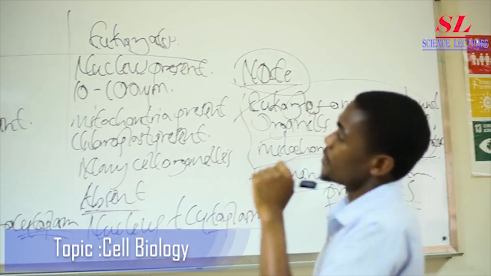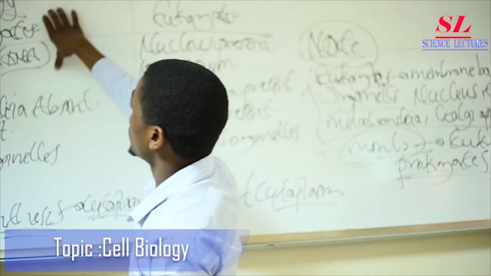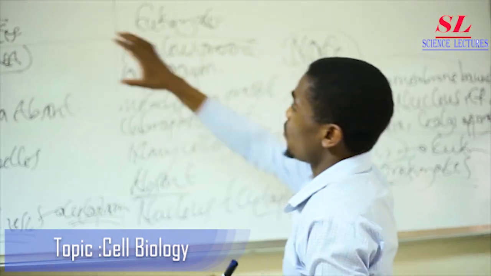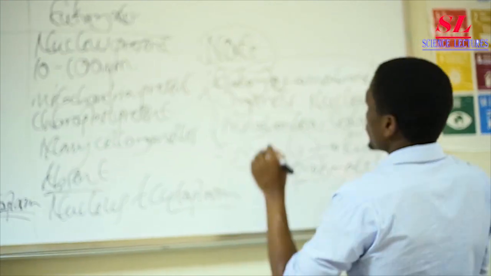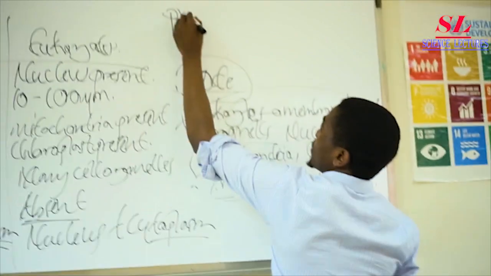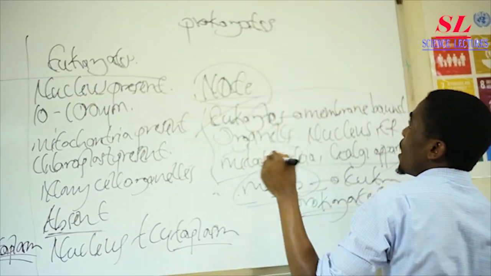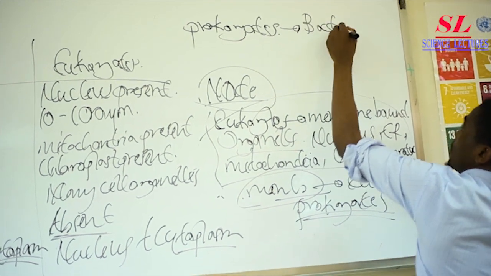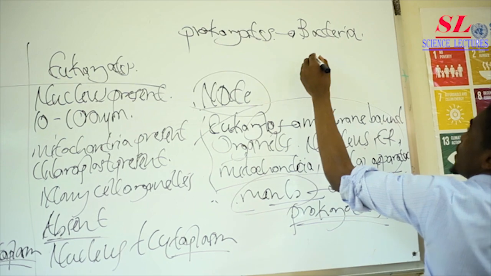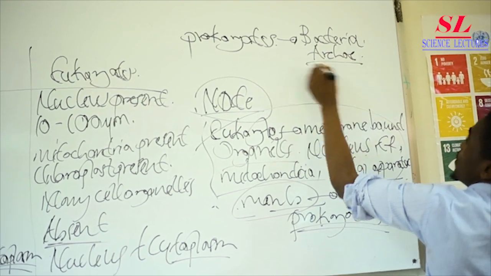Maybe another difference we can think of is that for prokaryotes, we can further divide them into bacteria. We can give examples of prokaryotes. Let me have this one here. Prokaryotes, examples we can give are bacteria and archaea.